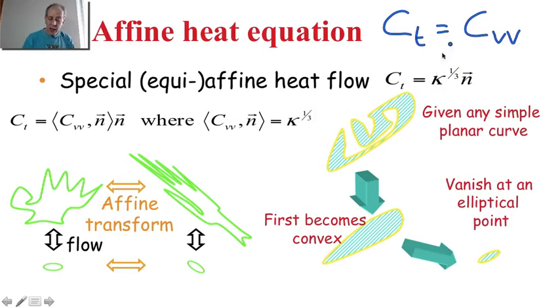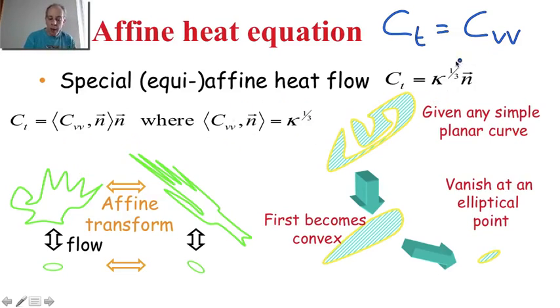So these two equations are, from the geometric point of view, equivalent. They're absolutely the same equations, but this one has motion in the tangent direction that is not relevant. So once we project it to the normal direction, we get this beautiful equation.